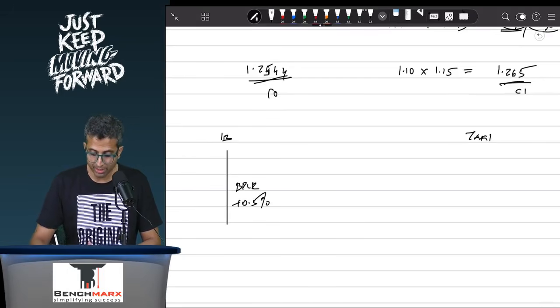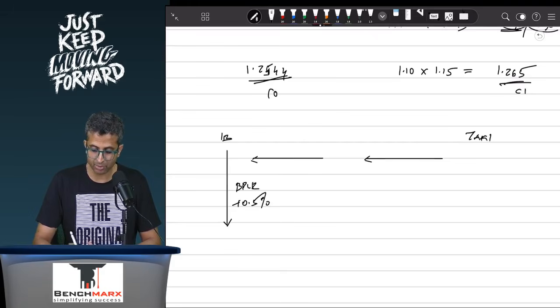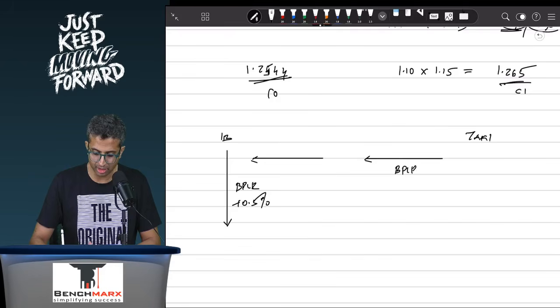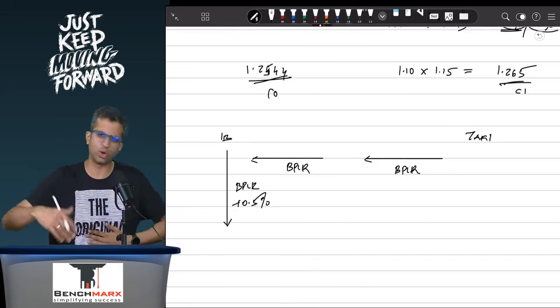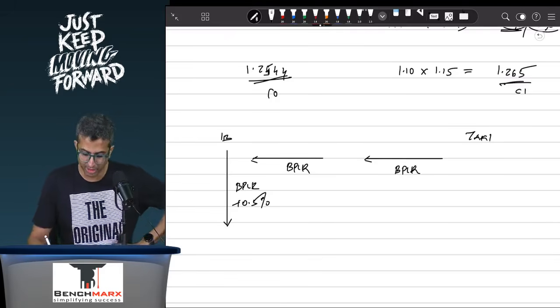But IB does not want to pay floating, it wants to pay fixed, and hence it will seek compensation from Zaki, where Zaki will pay the BPLR. So IB is not worried. If the BPLR increases, Zaki is going to pay the BPLR. If BPLR falls, in any case Zaki is going to pay the BPLR.